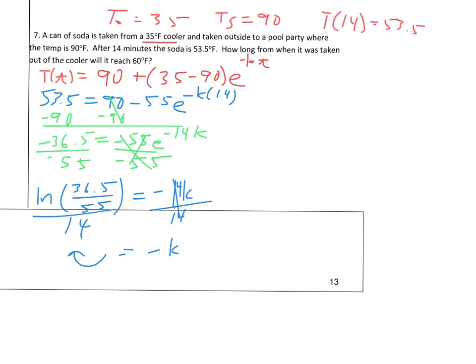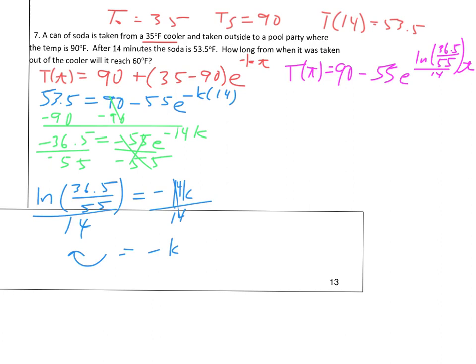So now we're going to say for our formula here that we'll use for the rest of the problem is T of t equals 90 plus, and I'm going to switch that again, so it'll be 90 minus 55 times e to the ln of 36.5 over 55, and then that's going to be divided by 14 and then times t.